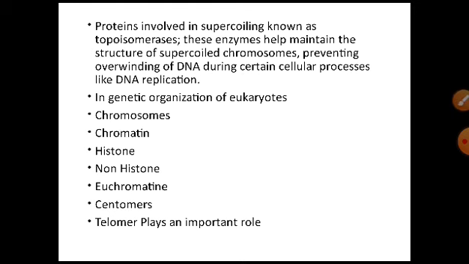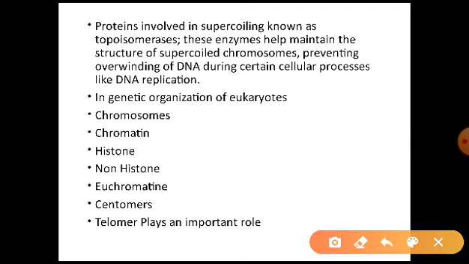The protein involved in this supercoiling is known as topoisomerase. This enzyme helps maintain the structure of the supercoiled chromosome, preventing overwinding of the DNA during cellular processes like DNA replication.